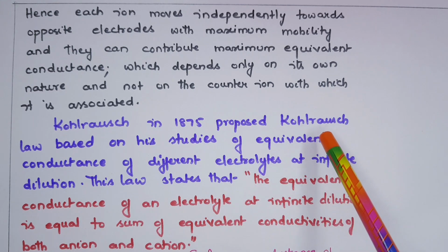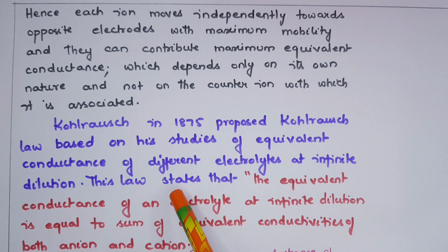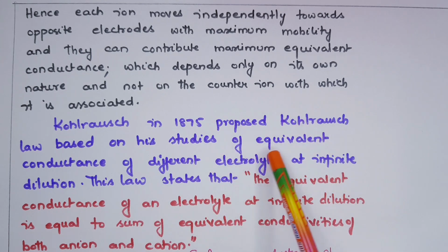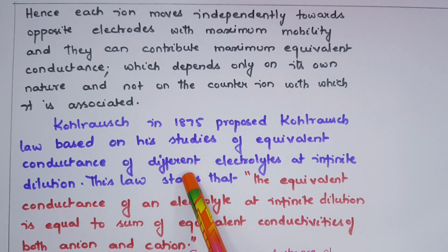Now, how does the statement of Kohlrausch law go? According to Kohlrausch law, the equivalent conductance of an electrolyte at infinite dilution. Students, he proposed this law based on the equivalent conductance of different electrolytes at infinite dilution.